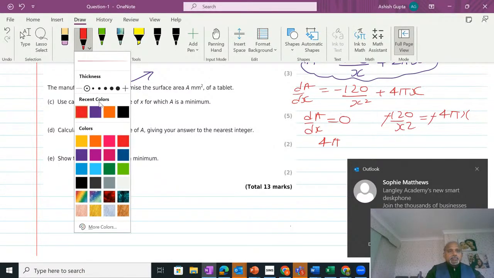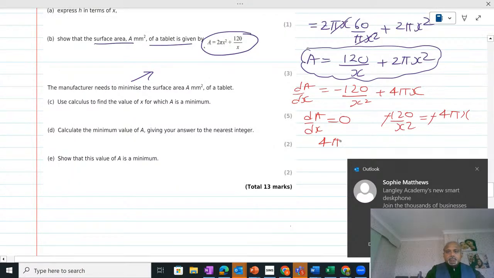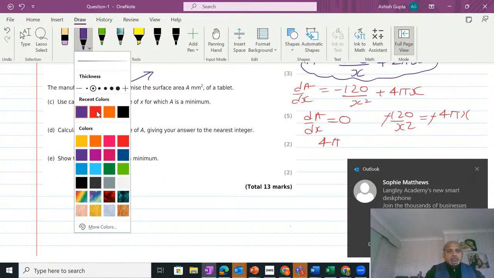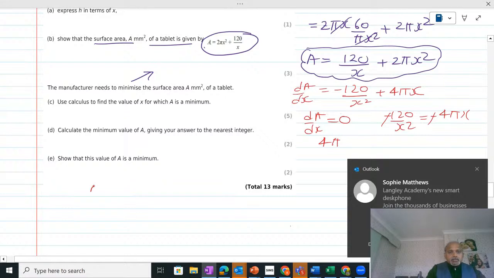So 4 pi, I'm not able to delete. So dA over dx, and 4 pi x cube, sorry, 4 pi x cube equal to 120.